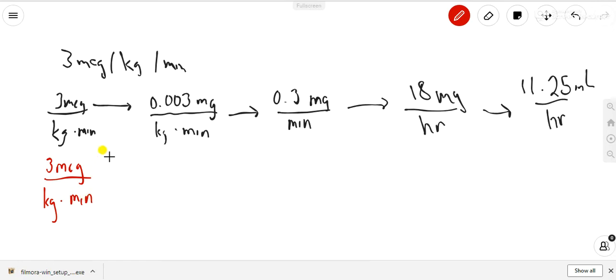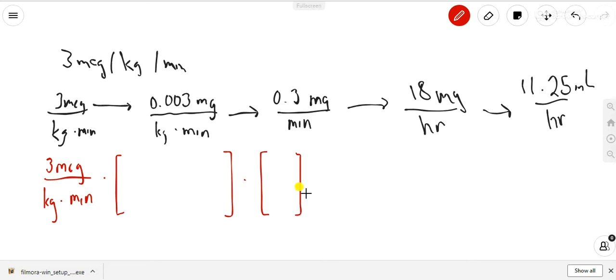Now we need to convert that, so let's multiply that times some conversion factors. We have a couple of conversion factors that we need.